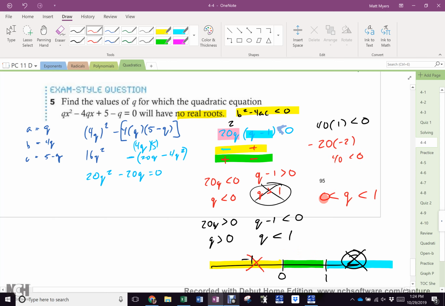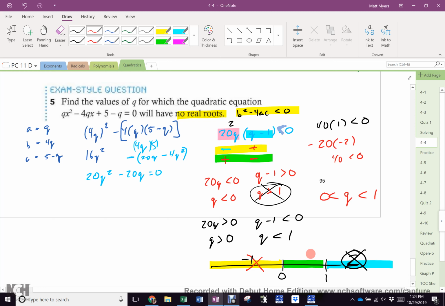Can I equal 0? No, I can't, because 0 minus 1 would be negative. But 20 times 0 would be 0, and 0 is not less than 0. Can I be 1? No, because 1 minus 1 is 0, right? Could I be 0.9999999? Yeah. Could I be 0.000001? Yeah.